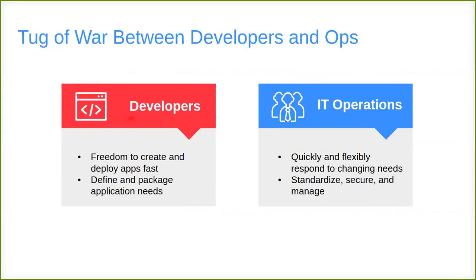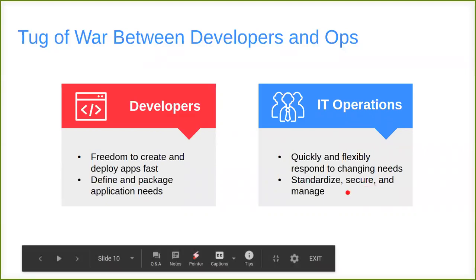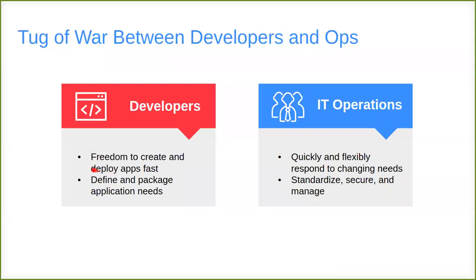So there's a tussle between developers and the IT operations, who are maintaining the RAM or physical machines where our production-grade application is running. They have to standardize things, secure and manage the resources, and define the packages, keep them as minimal as possible, keep the deployment fast, and keep the app running fast.